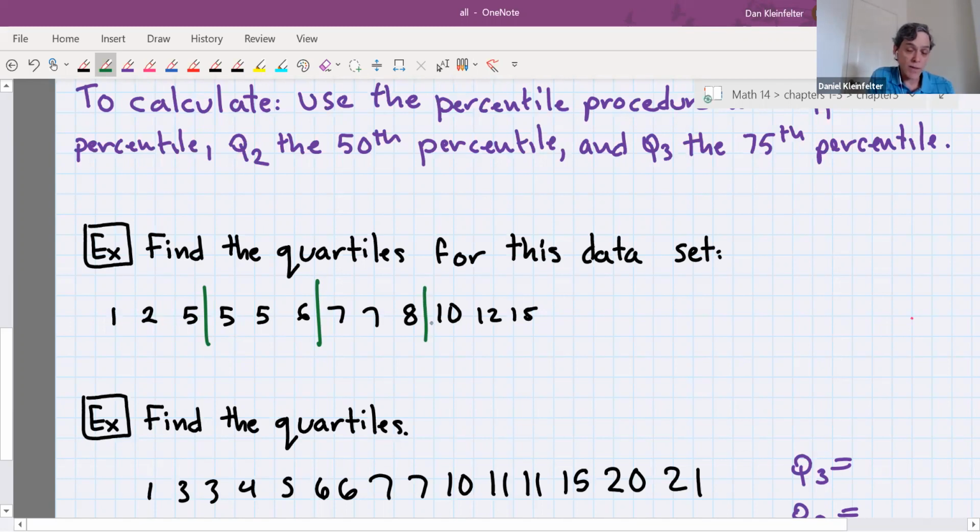So there's 12 numbers. If we divide them into quartiles, it should make sense that there are 3 numbers in each group. So Q1 is going to be 5. Q3 is going to be 9. And then Q2, which is the same as the median, will be 6.5.